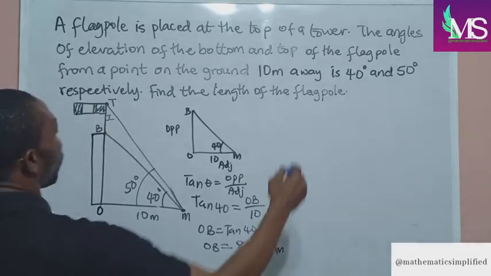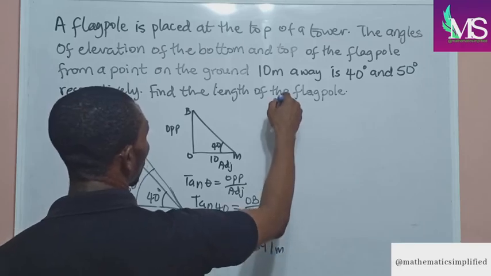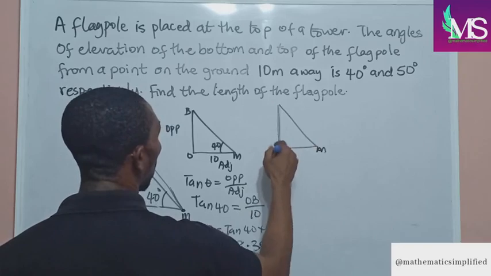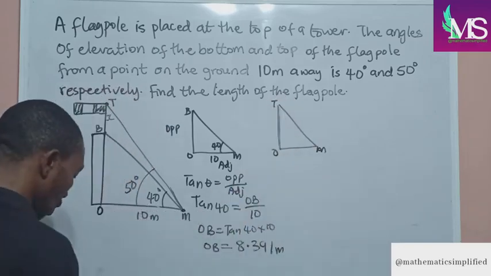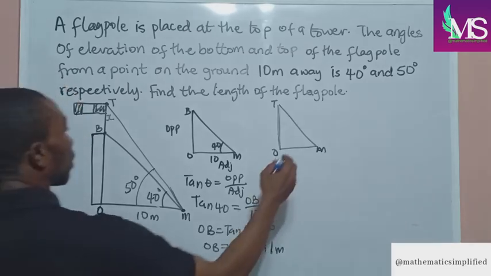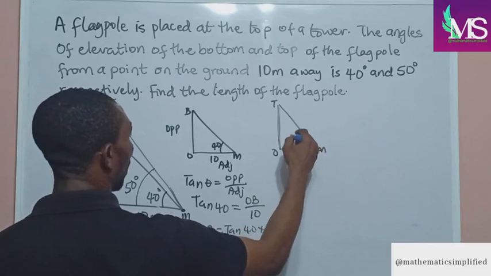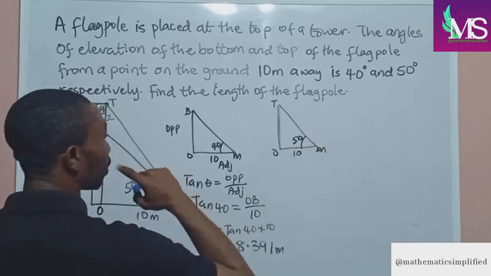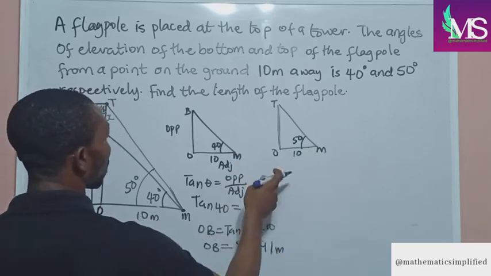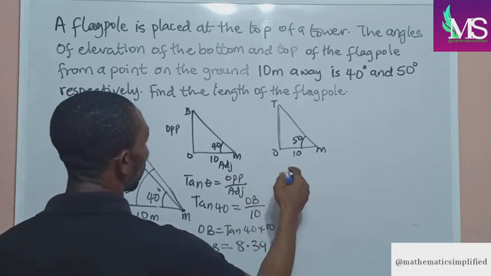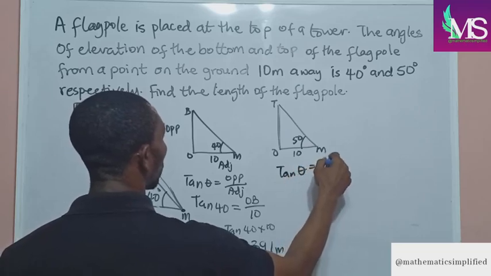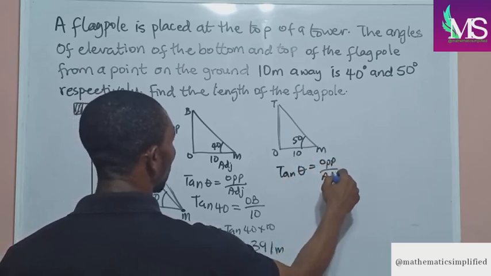Now let's consider triangle MOT. Considering triangle MOT, we still know that our distance here is 10 and our angle has changed to 50. So OM still maintains our adjacent and OT is our opposite. So this becomes tan theta equals opposite over adjacent.